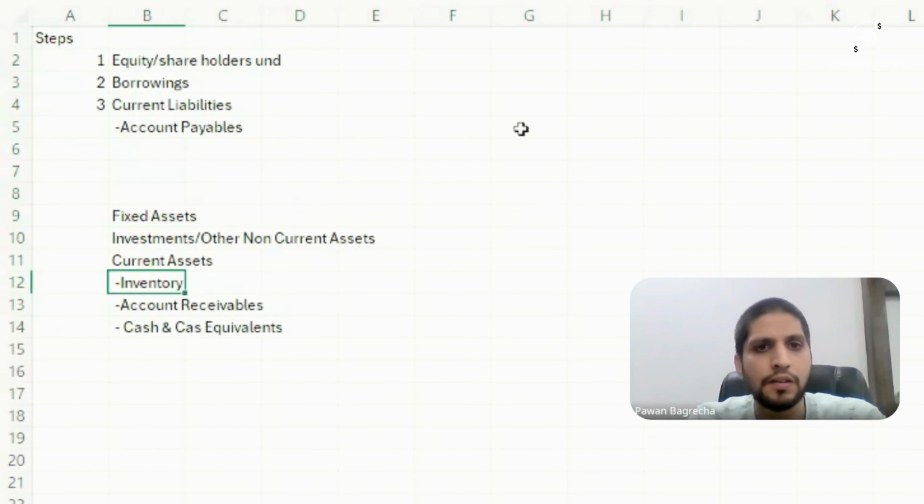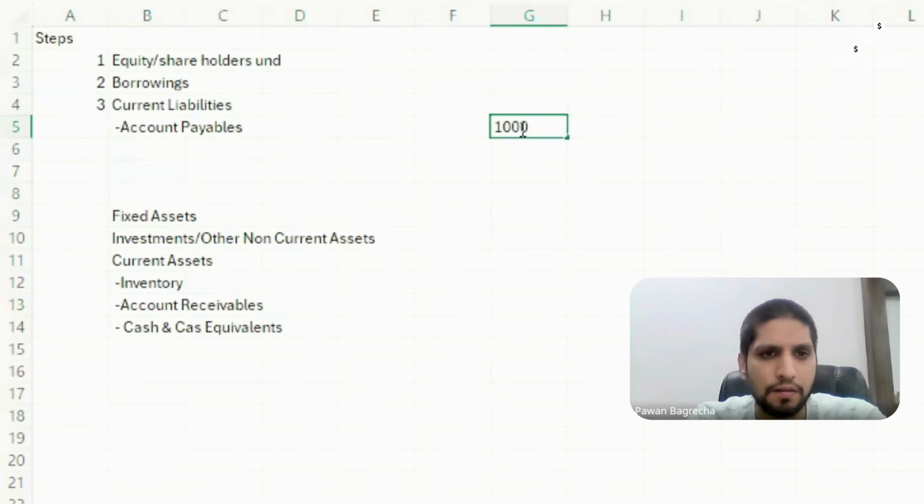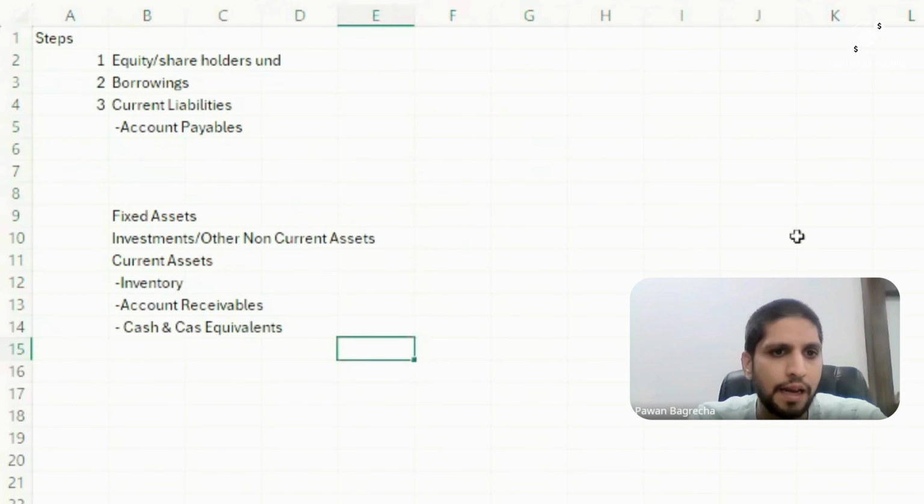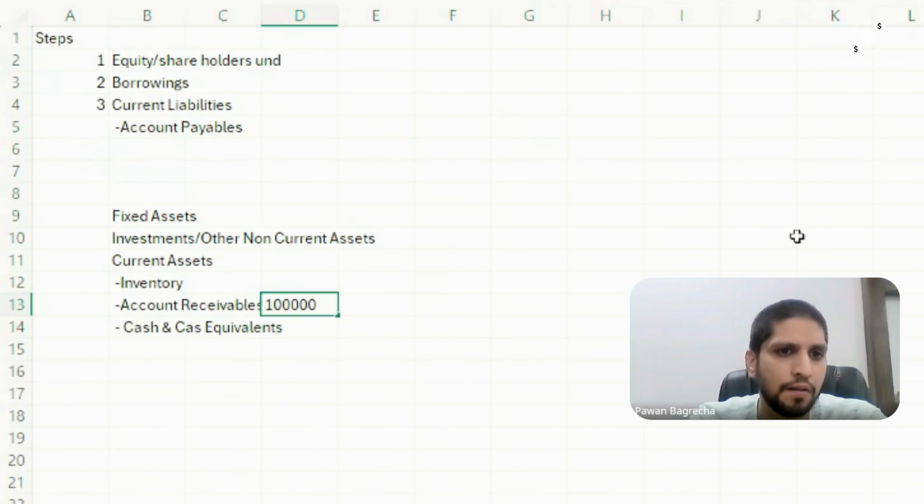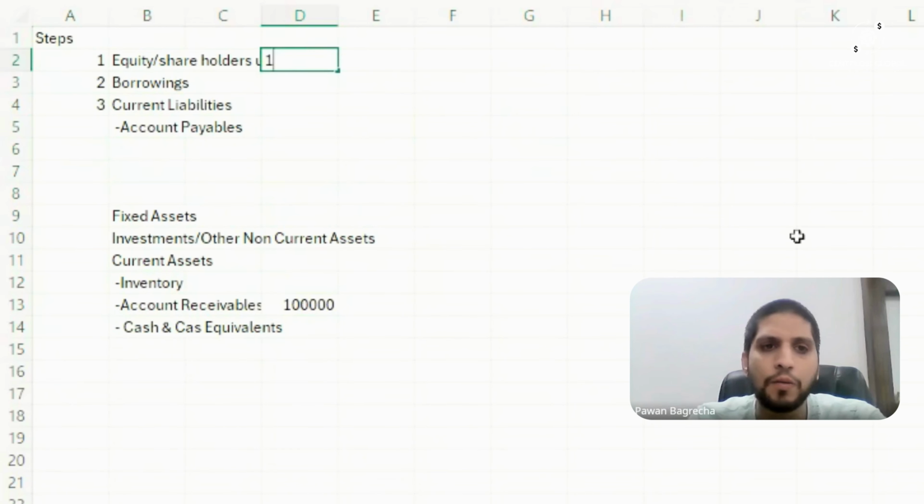So supposing we sold goods for 1 lakh rupees, and it is on credit. Then our accounts receivables will be 1 lakh rupees debited, and here the 1 lakh rupees will be a profit.